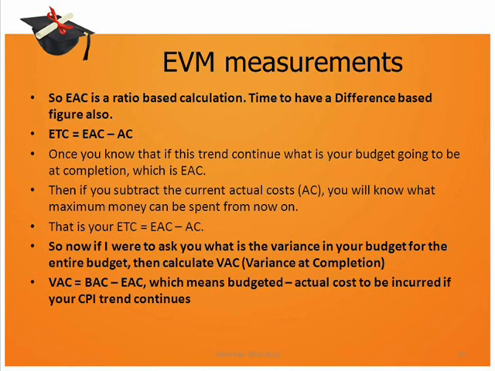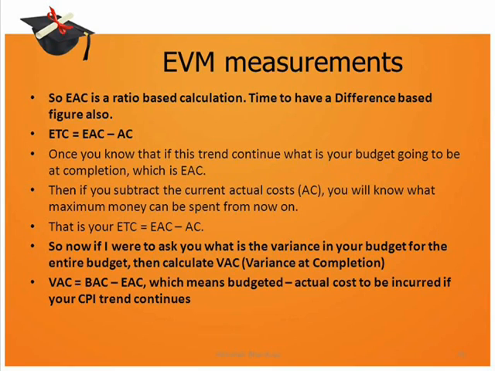So now if I were to ask you what is the variance in your budget, variance here means the planned budget that you had initially, which was BAC, and the new budget that you have, the difference between that is the variance at completion, which is another difference formula in forecasting.